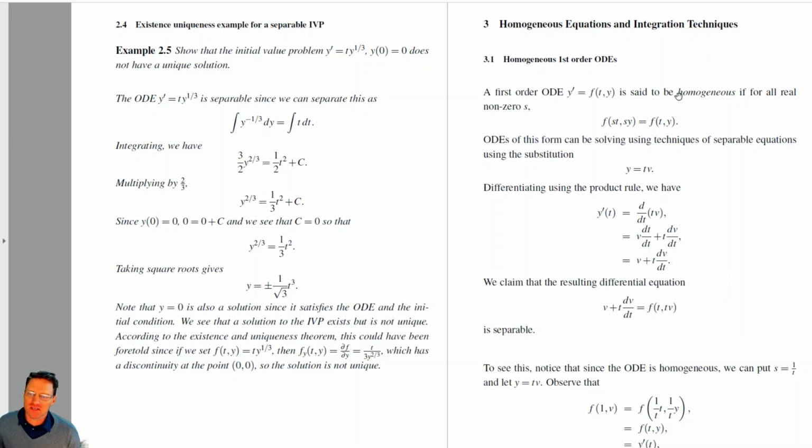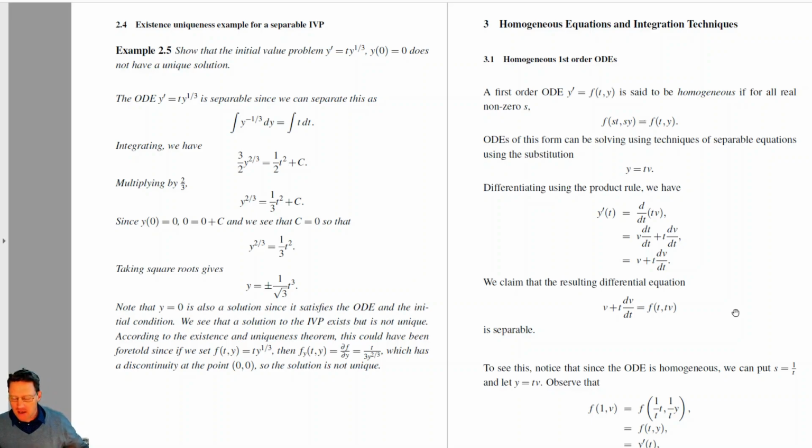Now our ODE is y dash equals f of t comma y, and if we replace y with tv, then v plus t dv on dt is equal to f of t comma tv. We claim this is separable, and therefore we can use techniques of separable ODEs to solve that equation. So let's see why this is separable.